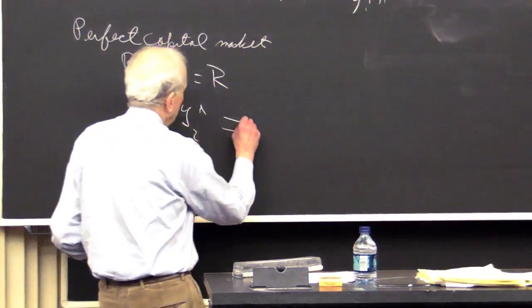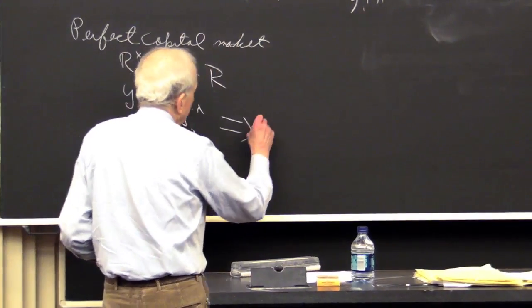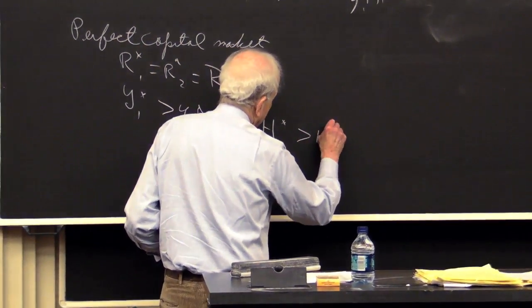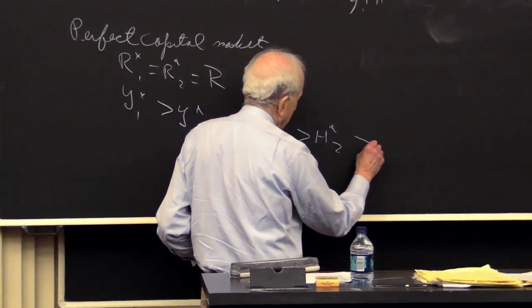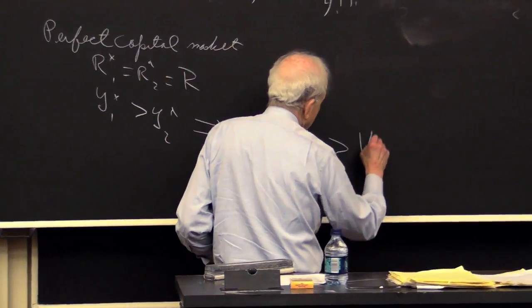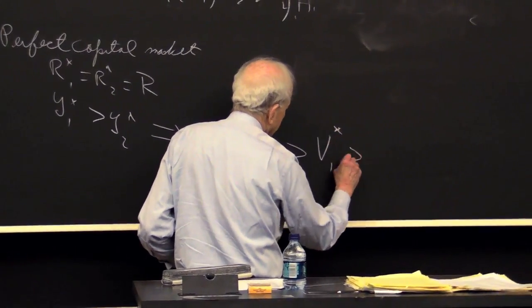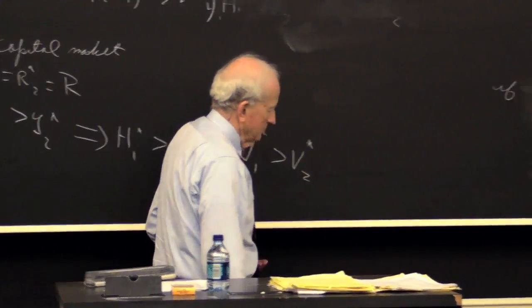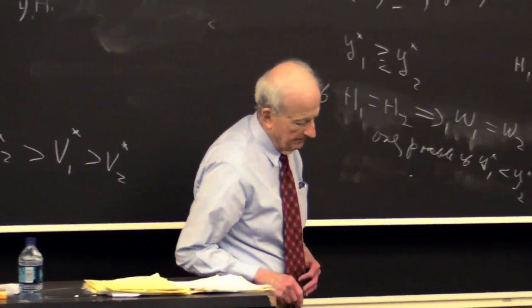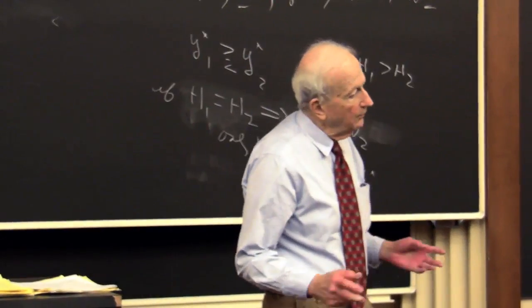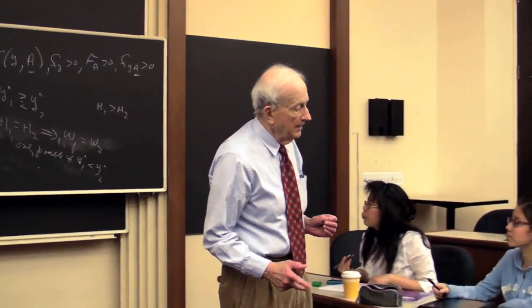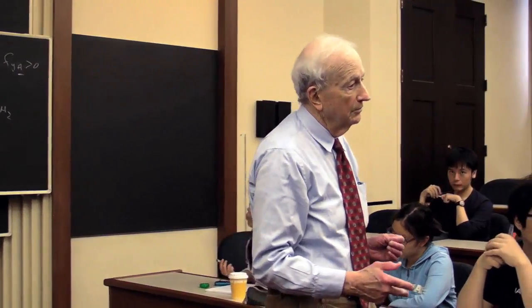Which in turn implies for sure that H1 star is greater than H2 star, or implies that V1 star is greater than V2 star. Okay? So in a perfect capital market, if all there was was investment in human capital, this is what you would see. Now we come to the point that you were raising.